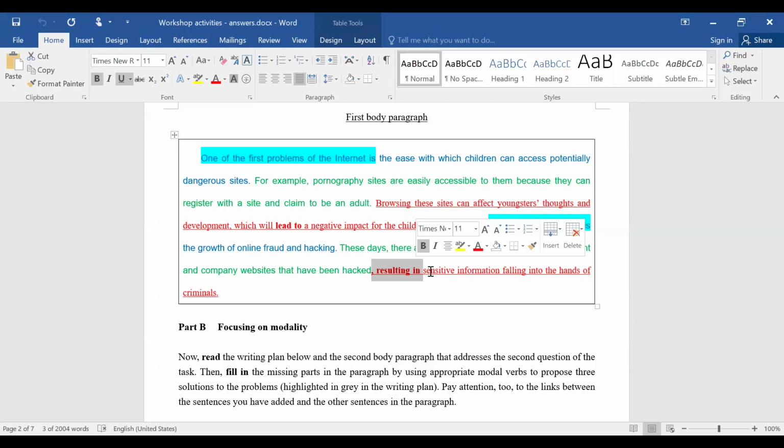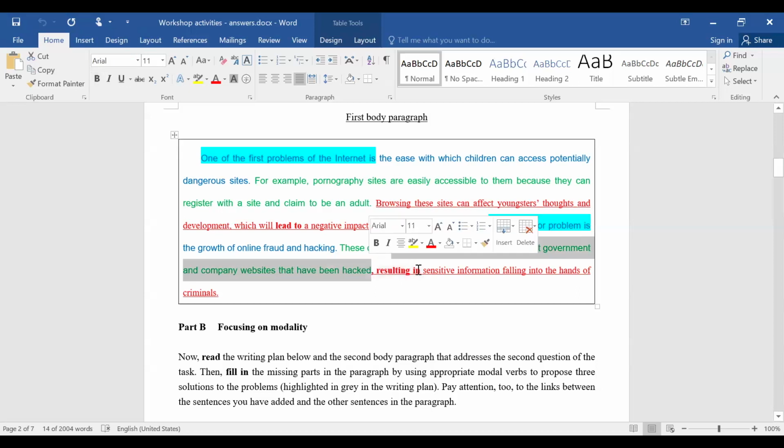Okay, resulting in sensitive information falling into the hands of criminals. But basically the word is "result in". X results or will result in Y. Okay, so this is the cause and this is the effect.